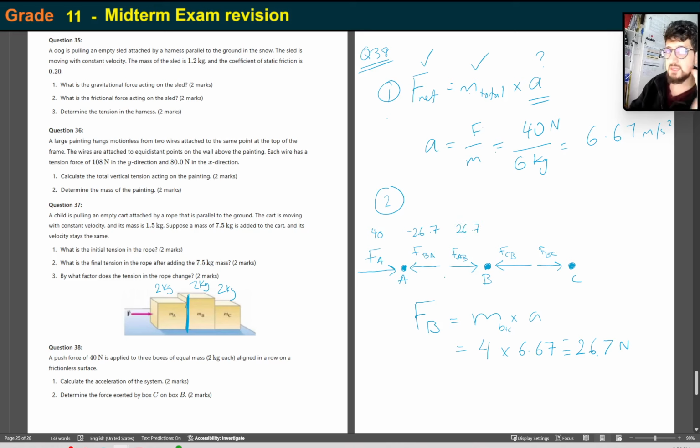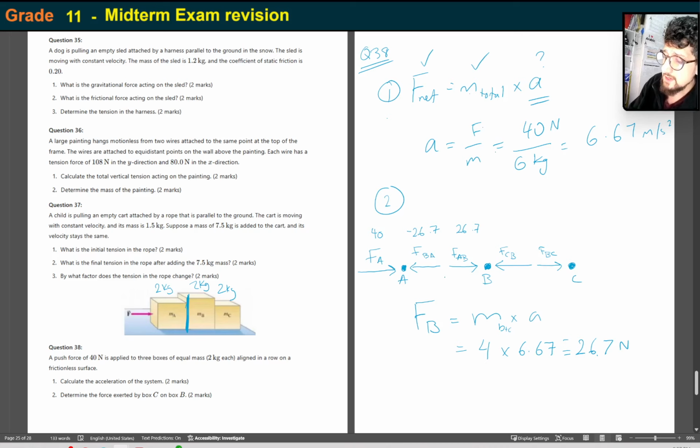Let's see which way it's facing. We're going to take this as positive and that as negative. Very good. So this is positive, that is negative. That's just so much easier if I had drawn it instead of just trying to do that with a pen.